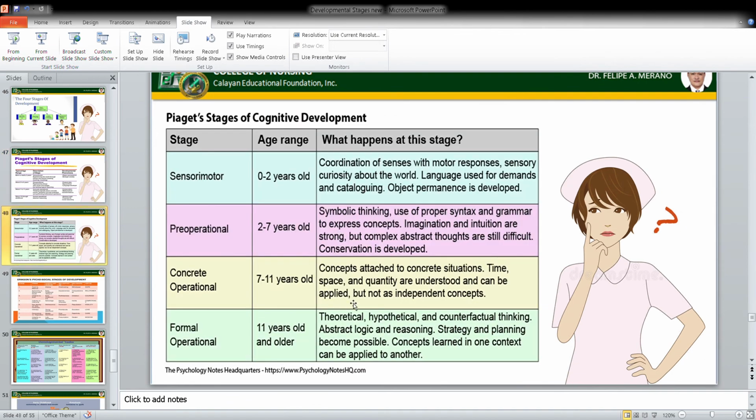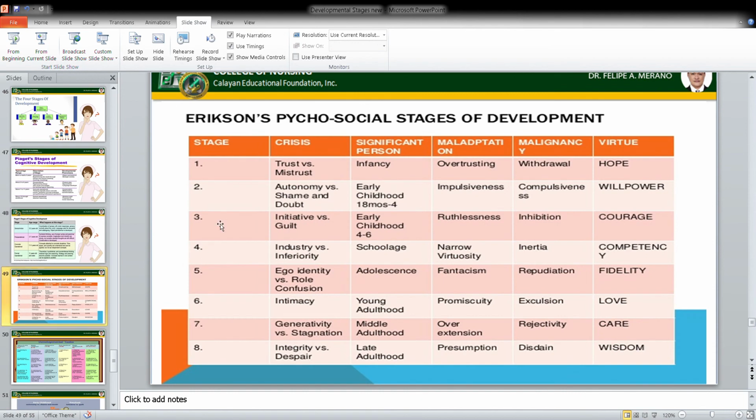This is additional for better understanding of what we tackled today. I put it and arranged it in tabulated form so that you will easily understand the concept. Then Erikson's psychosocial stages of development. This is an addition to those mentioned earlier. So trust versus mistrust, autonomy versus shame.